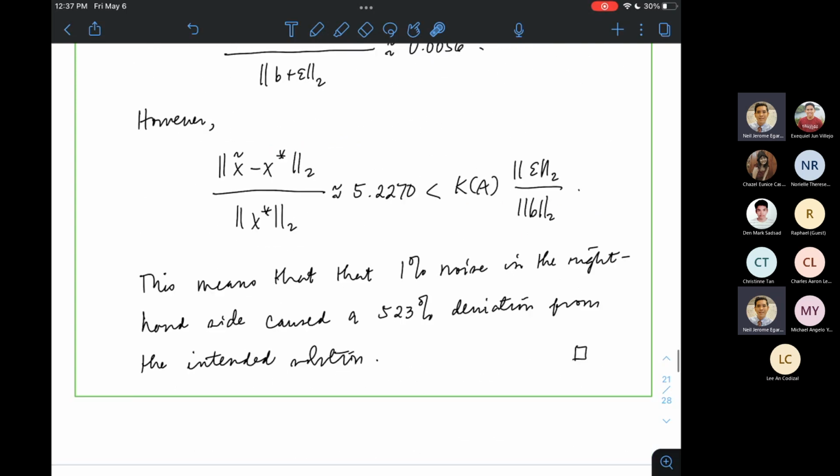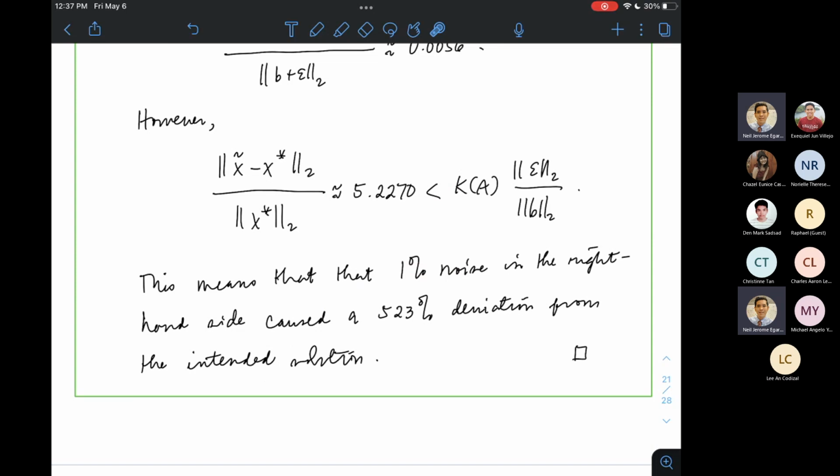And in fact, that is around 523% away from the exact solution. And you see how catastrophic the effect of the 1% noise is to the solution. 1% lang yung nabago sa right-hand side. Pero 523% yung nangyaring pagbabago doon sa solution.